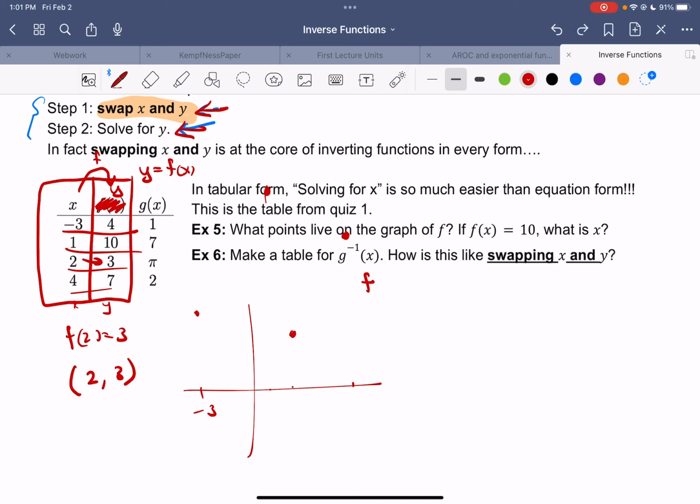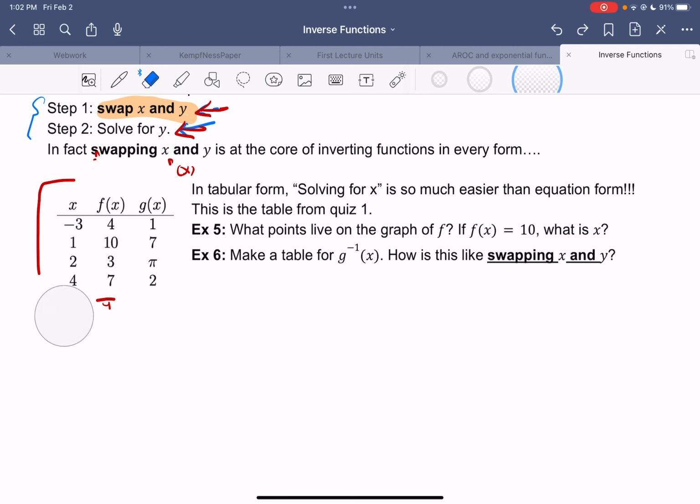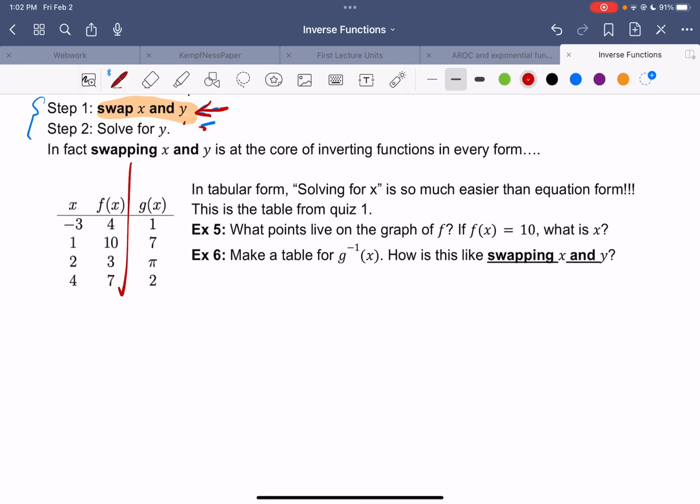Okay, well, if you want to graph f inverse, just like I was saying in the previous thing, we're going to call this y, this is x. F is the relationship where this column is x and this column is y. This column, the first one, is your horizontal, and this column is your vertical.